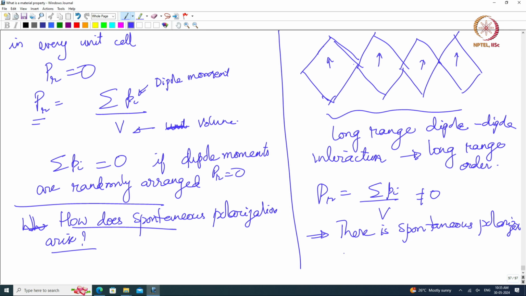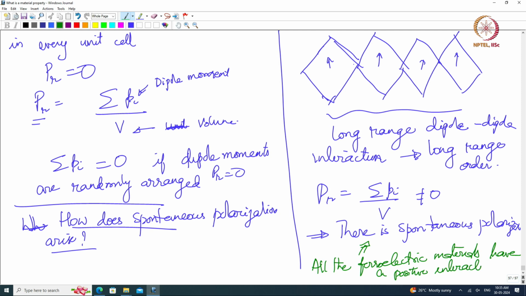In fact, all these ferroelectric materials have this positive coupling. So, dipole coupling, this is just pure electrostatics. All the ferroelectric materials have a positive interaction, which is dipole interaction, which means the dipole moment of one unit cell is going to tell the next dipole moment that you should also stand up.